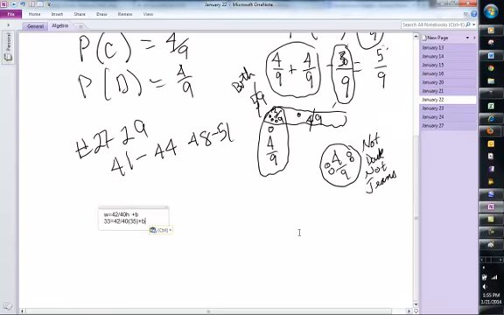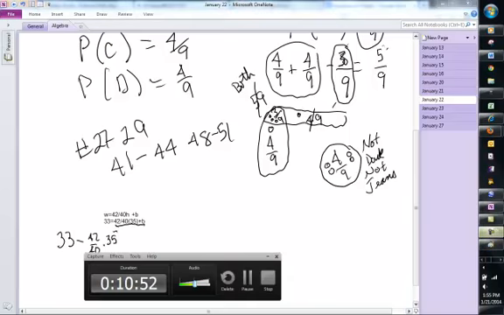If we want to solve this for b, we subtract this from both sides. So it's 33 minus 42 over 40 times 35. All right, now we can do that on our calculator.